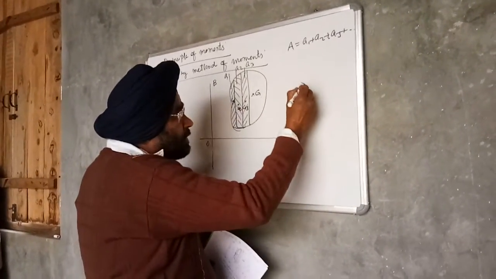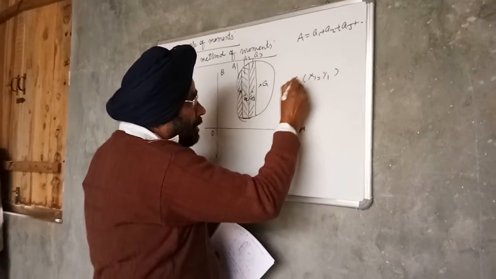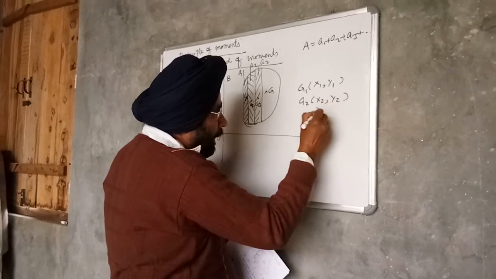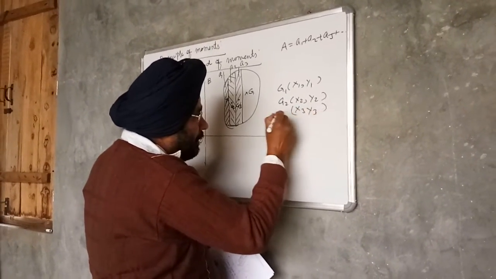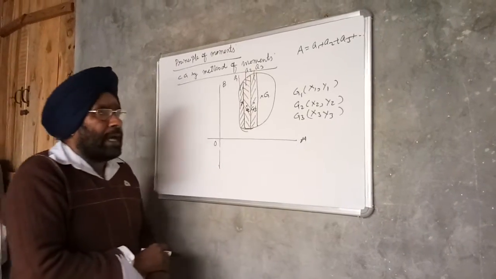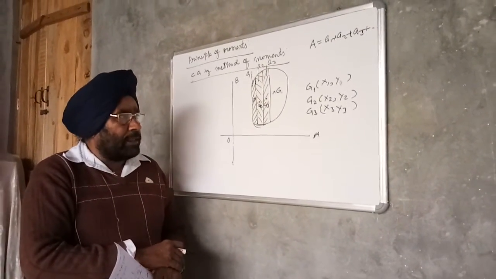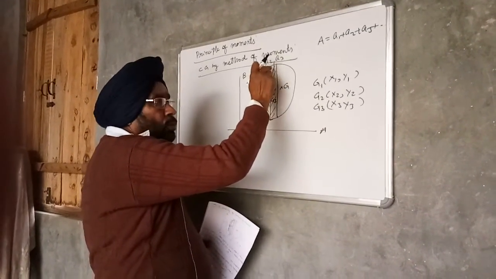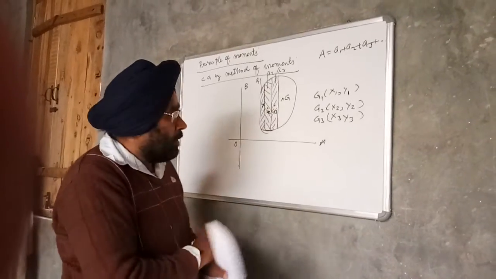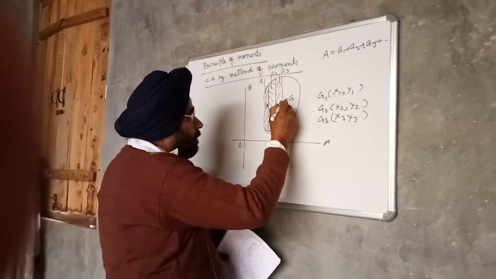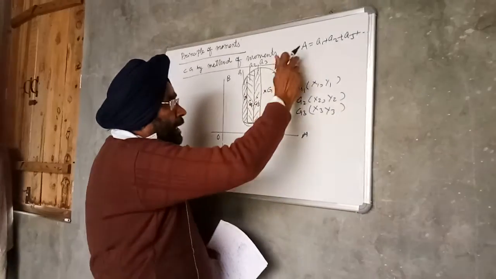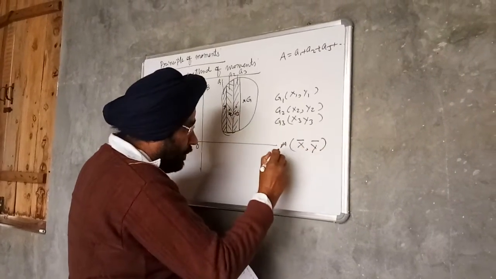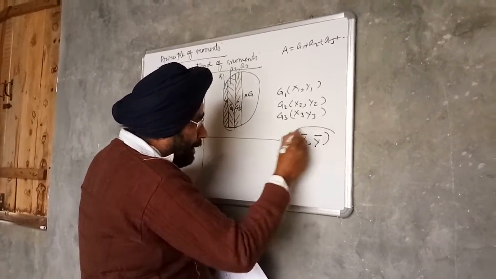So x1, y1, x2, y2, x3, y3 are the coordinates of the center of gravity of the areas A1, A2, A3 and so on. And the coordinates of the center of gravity of the area A are x bar, y bar.